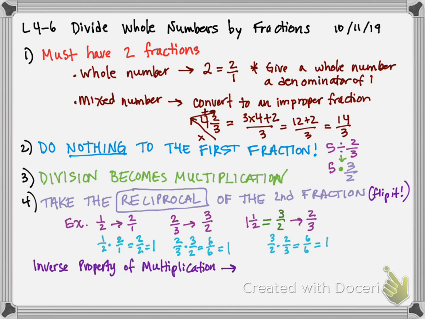And the non-fancy way of saying it is, multiplying reciprocals always equals 1. Isn't that fantastic? Okay, now that's 4 steps, but now we have this multiplication problem, this 5 times 3/2.